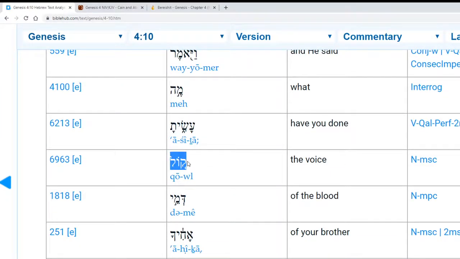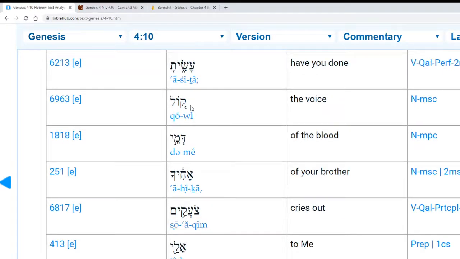Qol, and this is voice written b'milui, written completely with the vav in the middle. The voice of Qol deme, and it's in the construct because it's going with deme achicha, right? Qol deme achicha, one big construct here. Damim means blood. Dam means blood, damim is the plural.